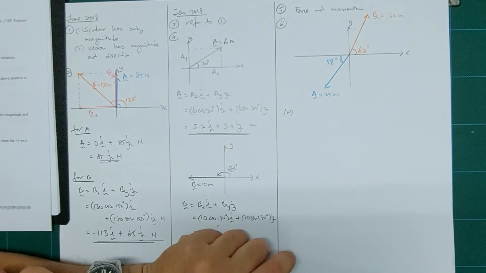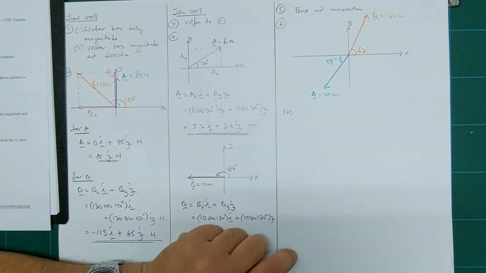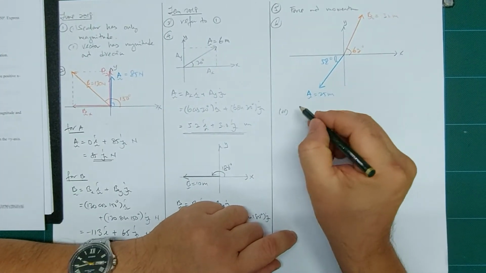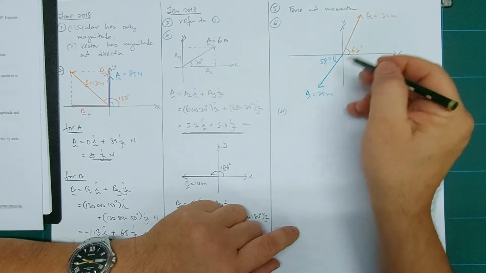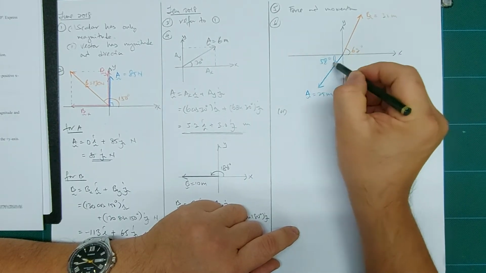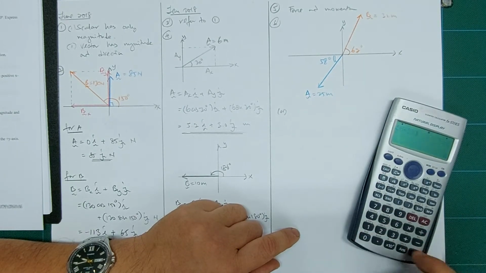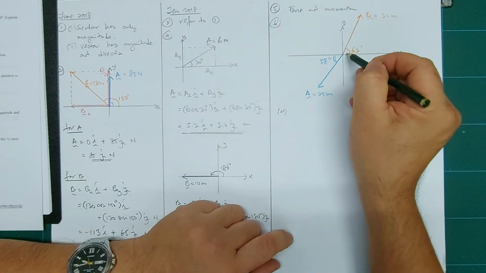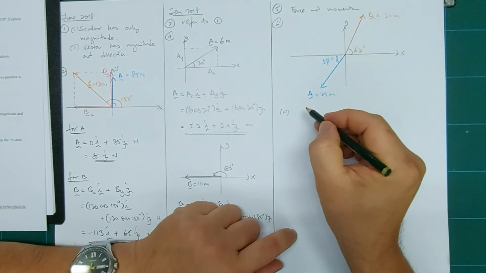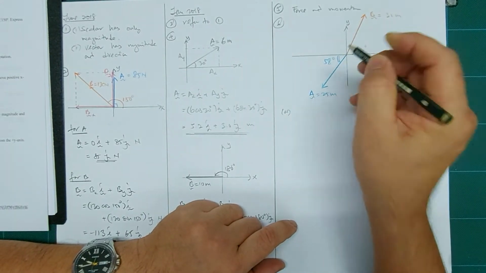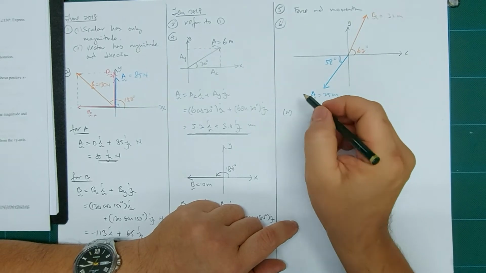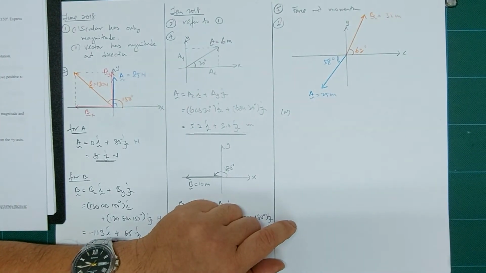Express vector A in x and y. Now we can start doing that. But first, you have to know that the total angle is what? 58 plus 180 is 238 degree from the positive x-axis.